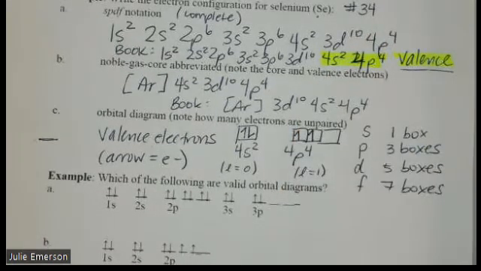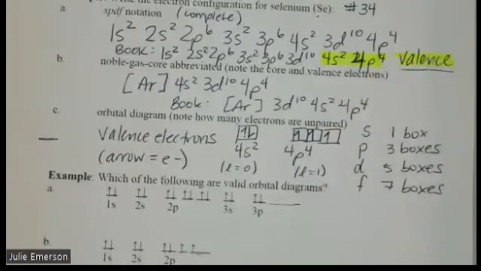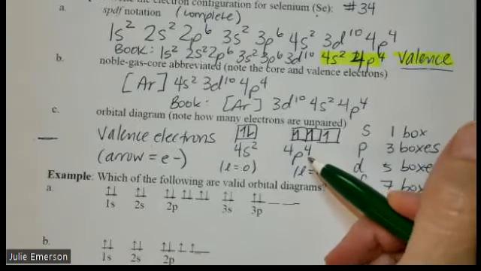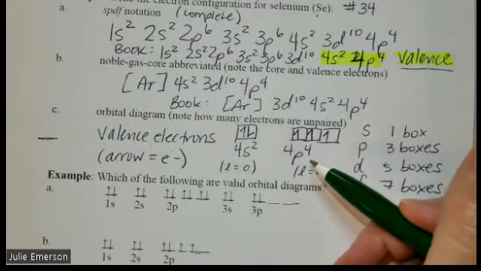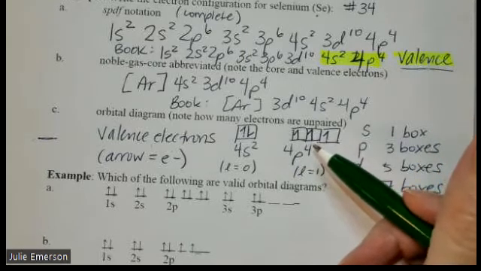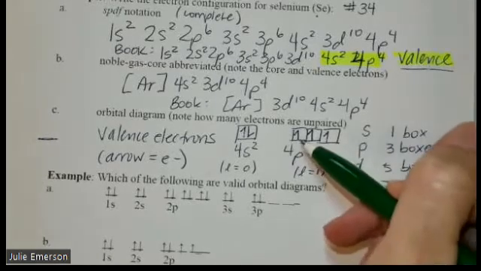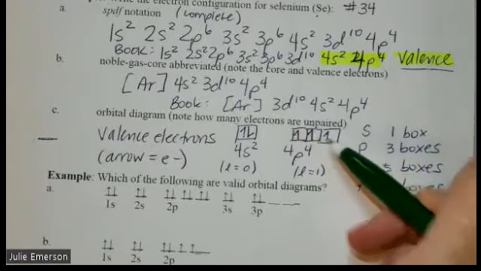The third electron, same idea, goes into the third box, arrow up. And now the fourth electron for the selenium doesn't have a choice. It has to now pair, and that's okay. One of them will have to be a pair. The other two will be singles. Again, you couldn't tell me that it's the PX or the PY or the PZ, but the rules of orbital diagrams say, when you do your order of filling, you start left box, arrow up, and then up, and then up.